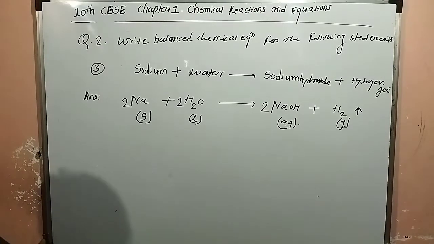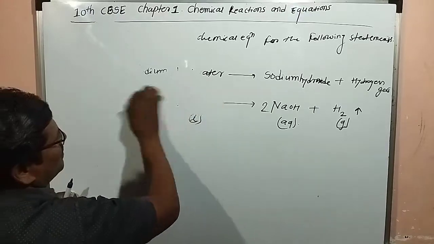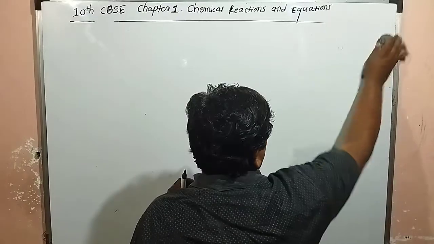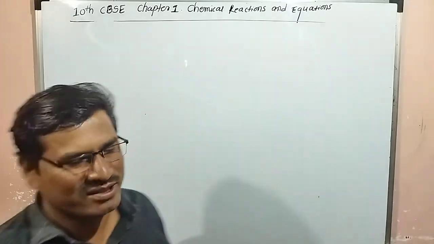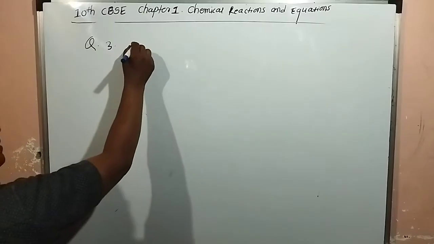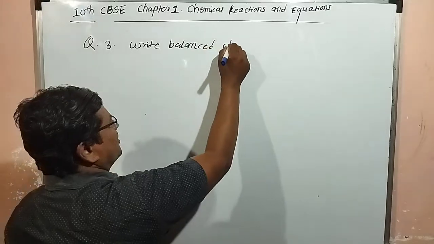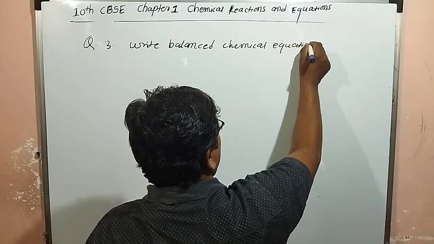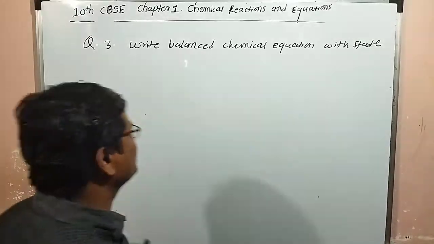So the third question is: write balanced chemical equations with states of the substances. Write balanced chemical equations with state symbols.